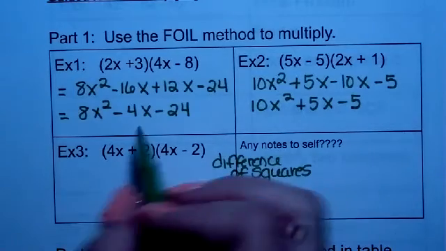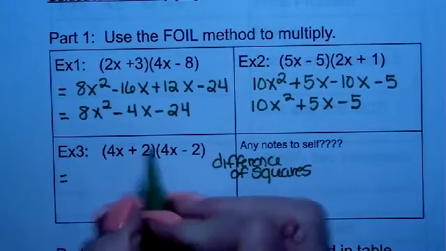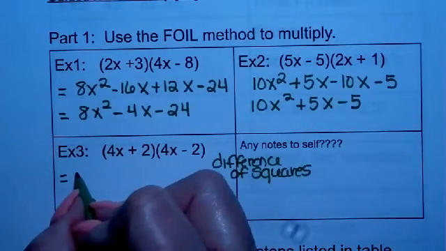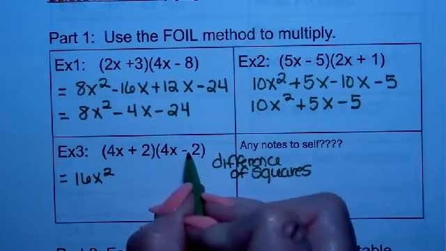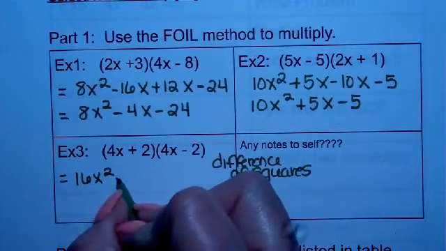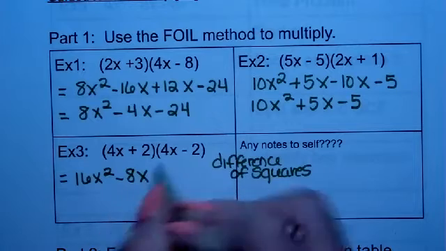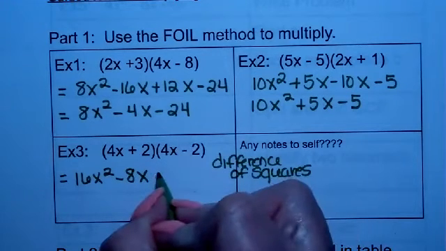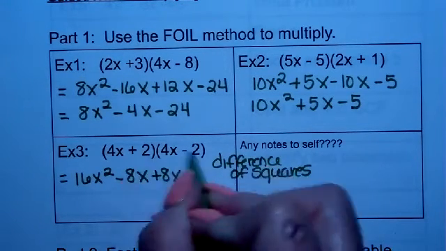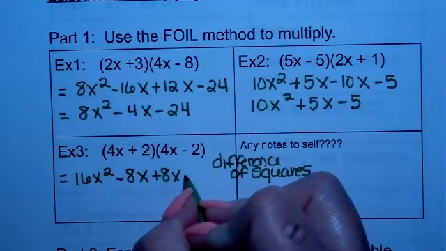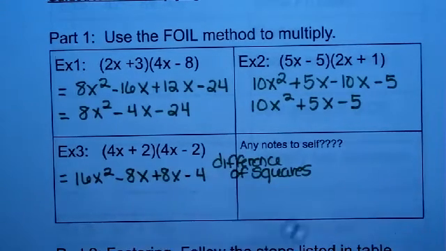Okay, so let's go ahead and multiply. 4x times 4x is 16x squared. 4x times negative 2 is negative 8x or minus 8x. 2 times 4x is 8x, so plus 8x. And then 2 times negative 2 is negative 4, so minus 4.